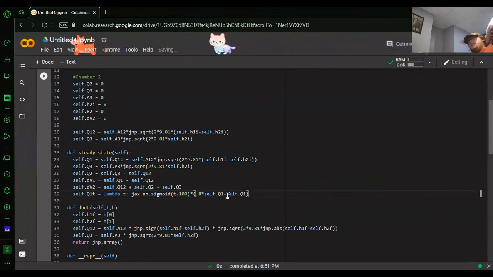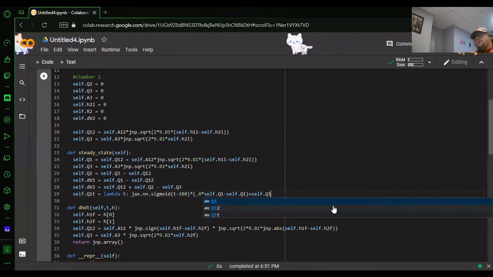And what this is doing is calculating the difference from the new value to the old value. We're going to add that to our old value, because otherwise we'll just be stuck between the negative of this and the positive of this.